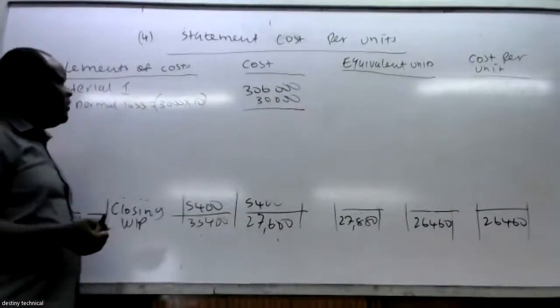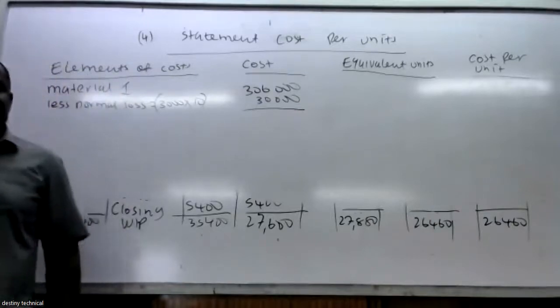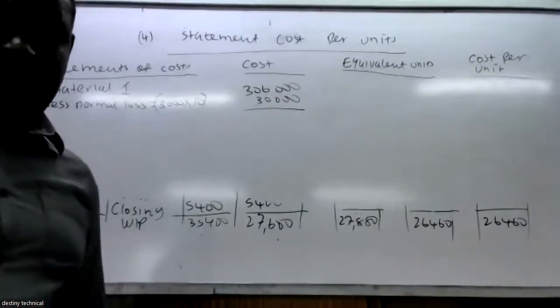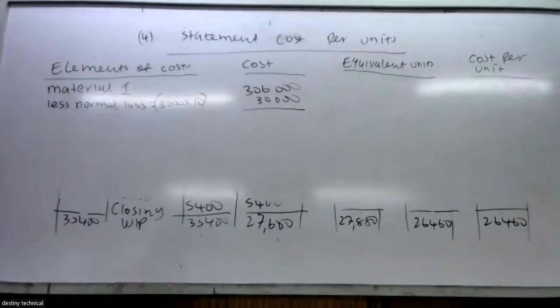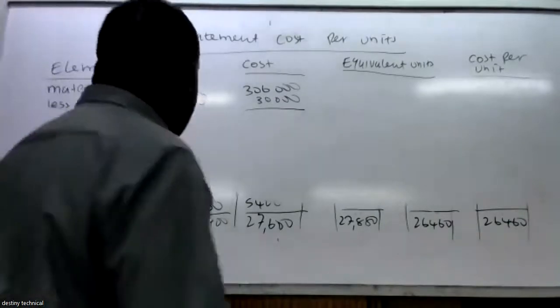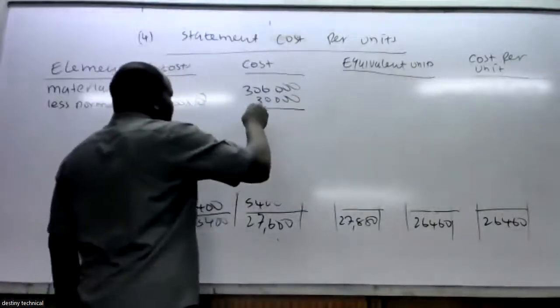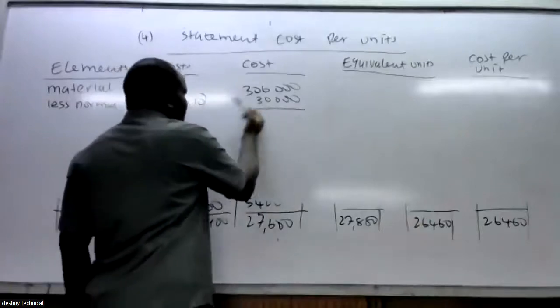So when you take 306,000 minus 30,000, it should give us which figure? We are not adding, we are subtracting.